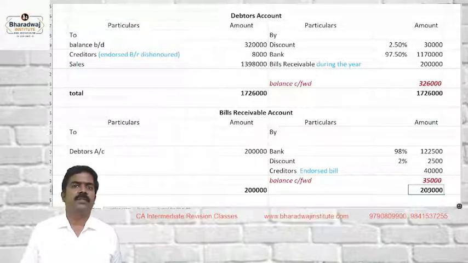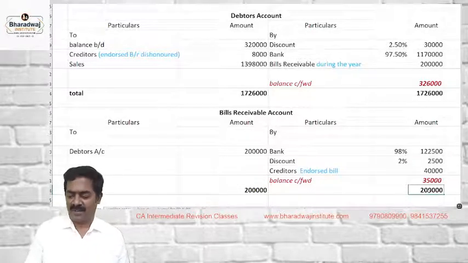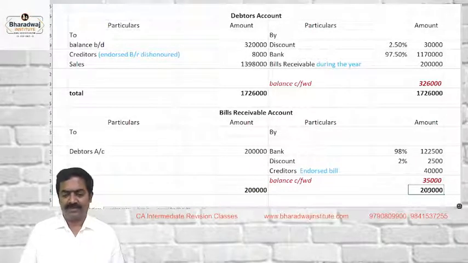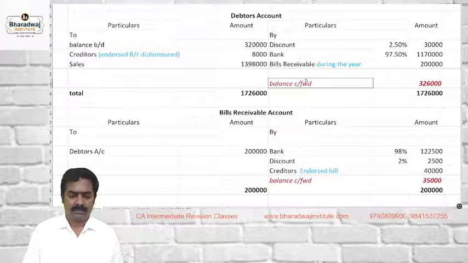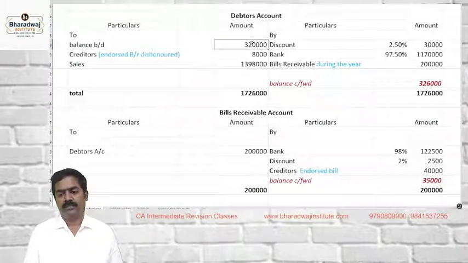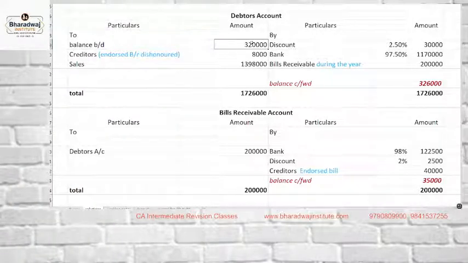Next, which account? Yes, cash or bank account, then trading P&L. Sir, we already have the closing balances, right?